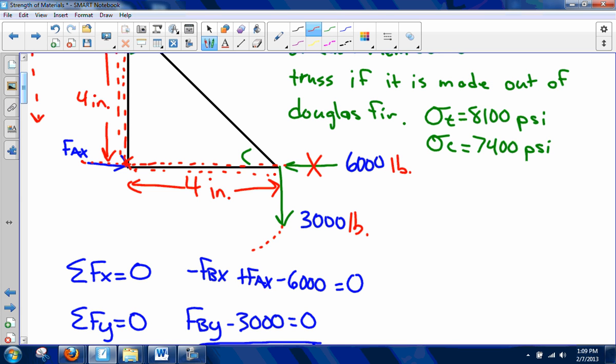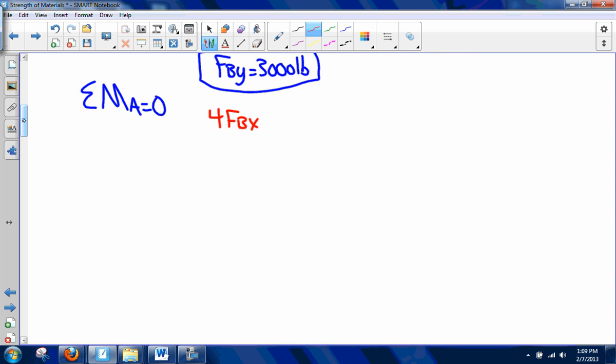And it's going to cause this to go clockwise. So it's going to be negative. So it's minus 4 times 3,000 equals 0. Doing a little bit of algebra, FBX is equal to 3,000 pounds.